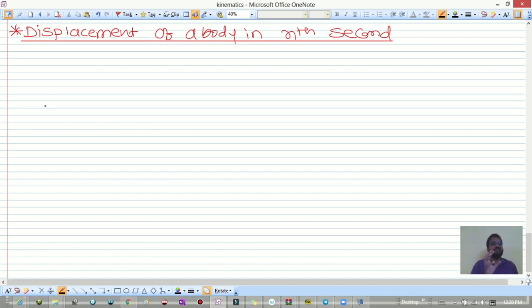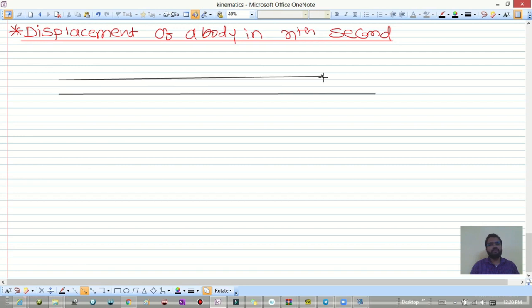What does this mean? See, if I wanted to calculate the displacement of a body in 5th second, supposed to be, now what I need to do is I have to calculate the displacement of a body in 5 seconds, right? So this is the 0 seconds which we have, this is the 1, this is the second displacement, this is the 3rd, 4th, and supposed to be 5th. This is the 5th, suppose.